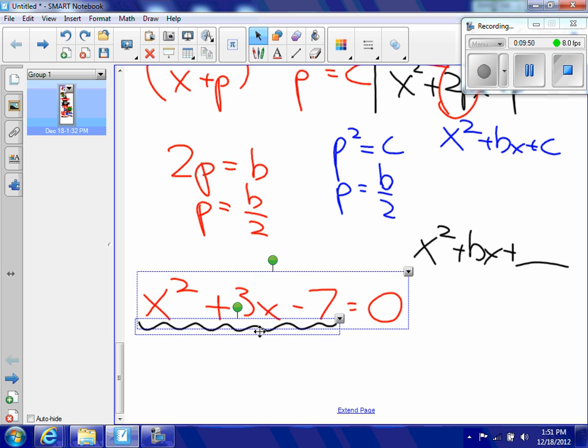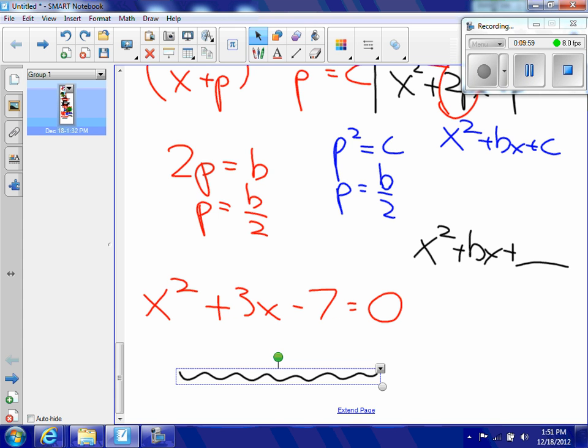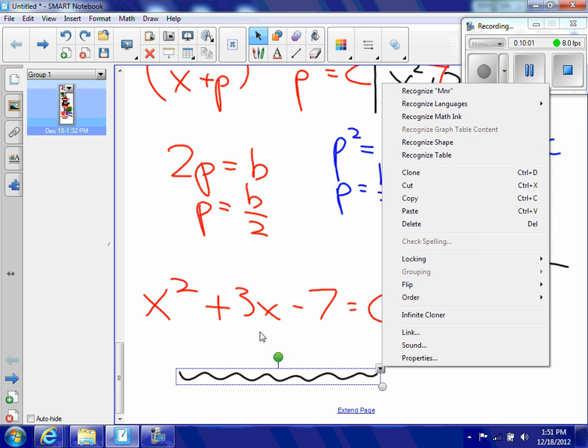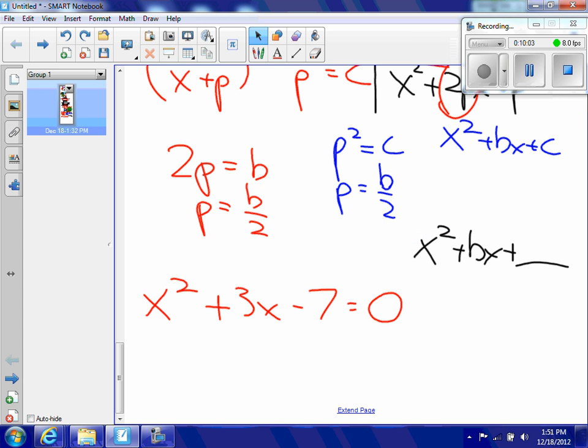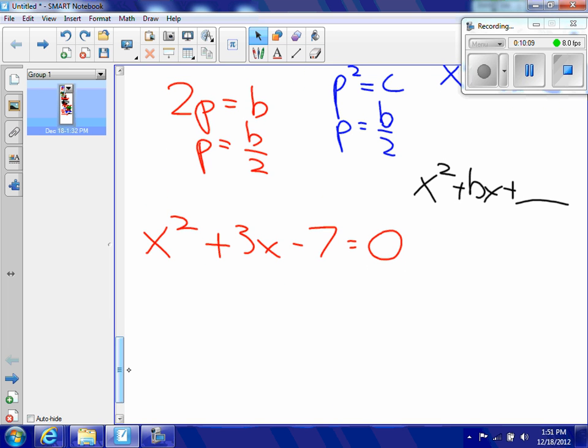Okay. So I had this x squared plus 3x minus 7. And you know that my first step, after I get rid of my a and I have my coefficient of x squared as 1, is I like to move the constant over to the other side.